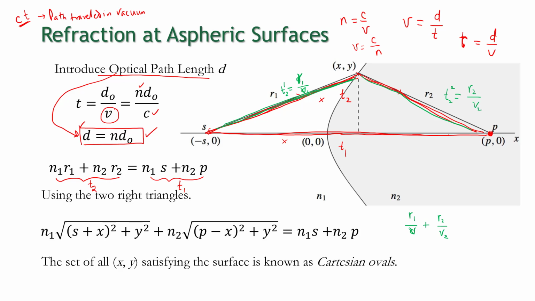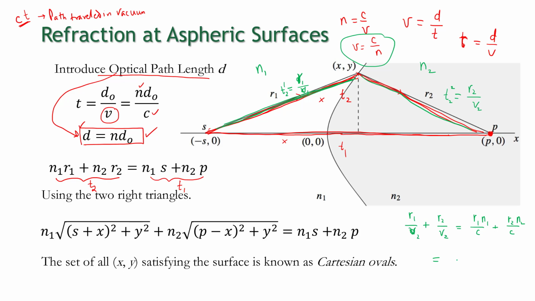Okay, so let's just consider that this is some other medium with refractive index n1, and this is the medium with refractive index n2. So I can write this as R1 over V1, and V2 is C over N1, the refractive index in that medium, and R2 over V2, using this formula, C over refractive index, C over N2.